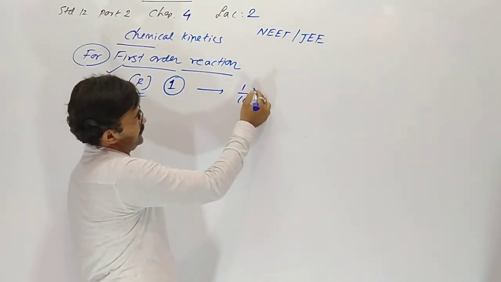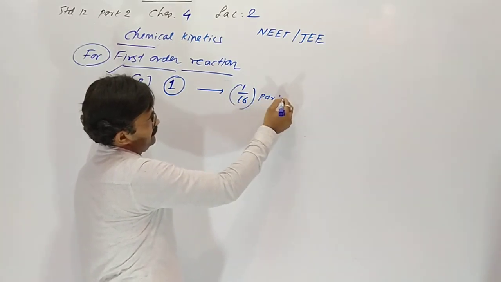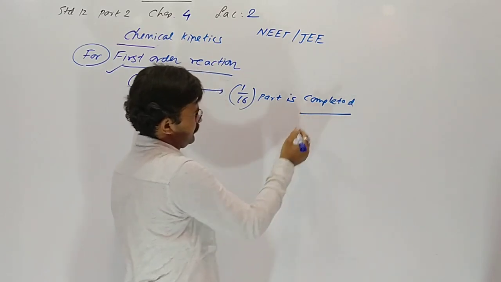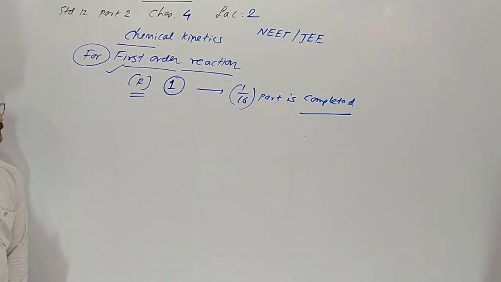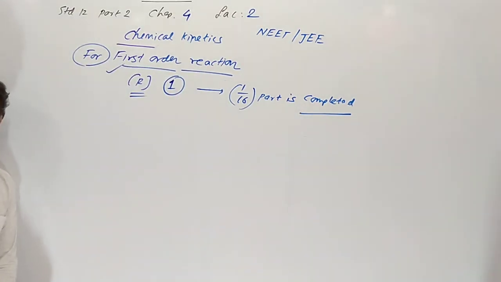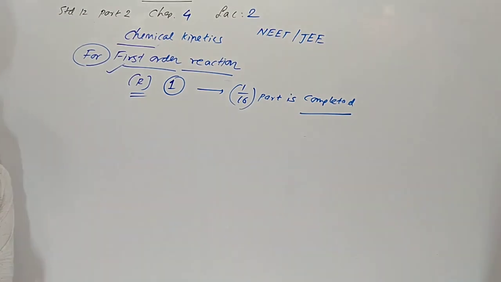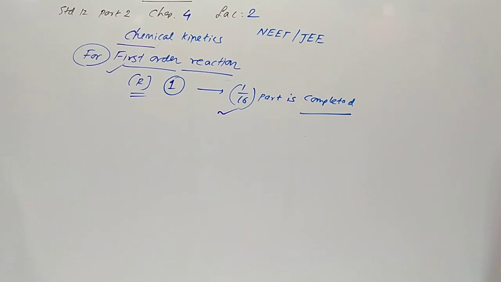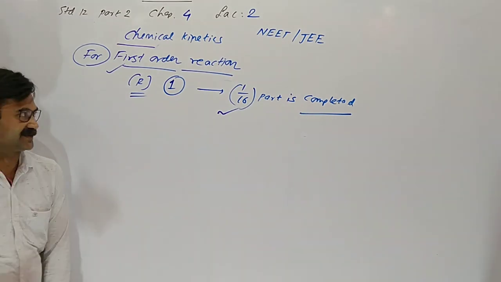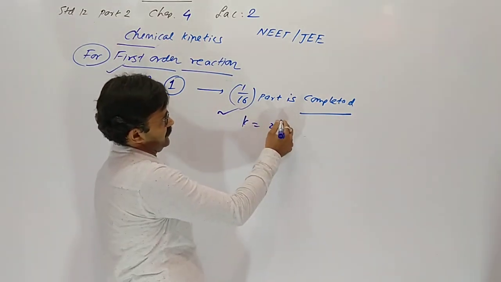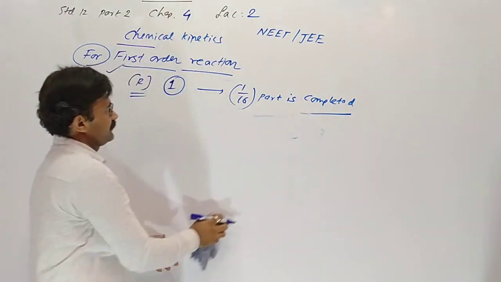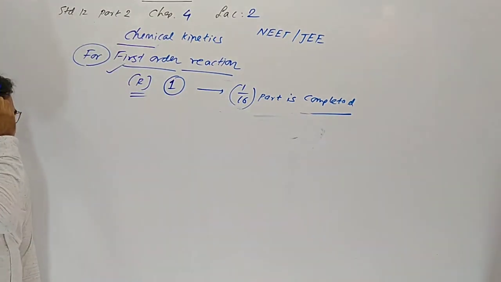If 1/16 part of the reactant is completed for first order, and K is given, suppose 2 per hour. So how much part of the reaction is completed?